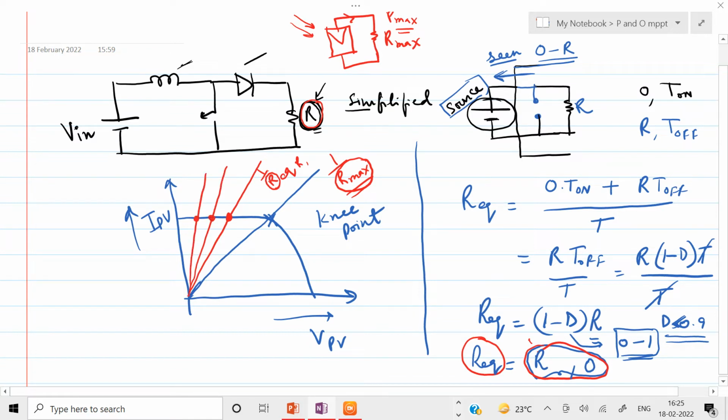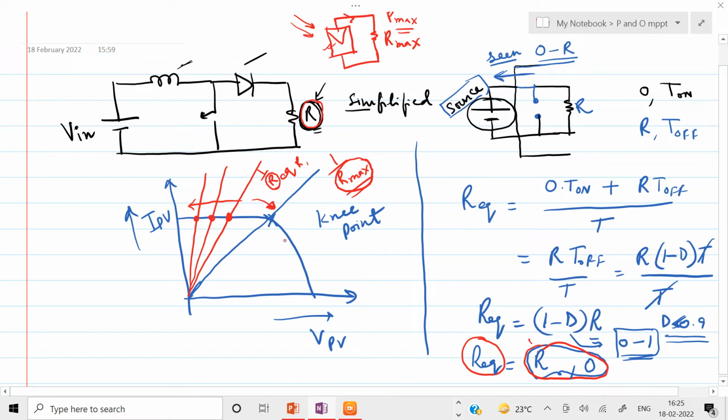Okay, so if we reduce the value of R, we are only shifting the load as seen by the PV panel, 1 by R, to be higher. In no way are we going to reach this point. Do you understand?